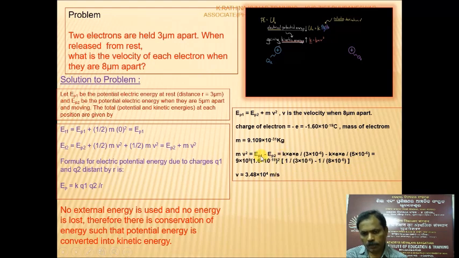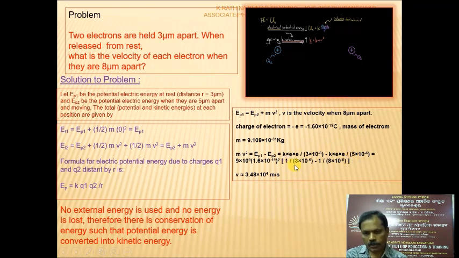the potential in first case minus second case will be K into e square divided by 3 into 10 power minus 6 minus K into e square divided by 5 into 10 power minus 6. That is equal to, the Q Q will be cancelled. You will be getting 9 into 10 power 9 for the K and 1.6 into 10 power minus 19 the square here. They are just substituting the values.